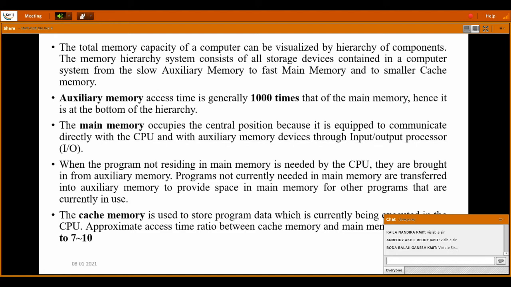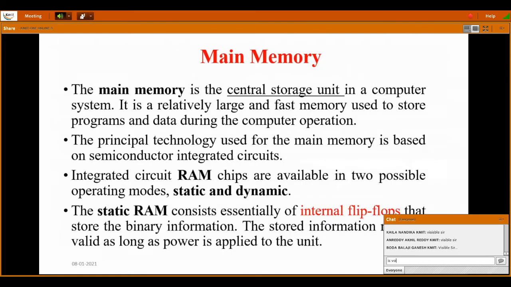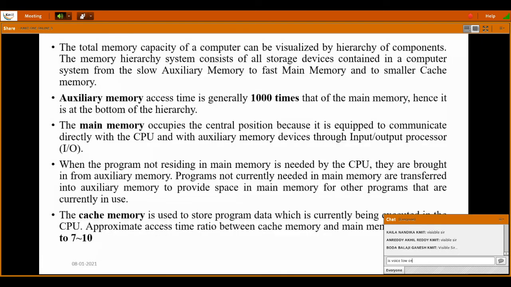The cache memory is used to store programs that are currently being executed in the CPU. Approximately, the access time ratio between cache memory and main memory is about 1 to 7. Okay, understood.